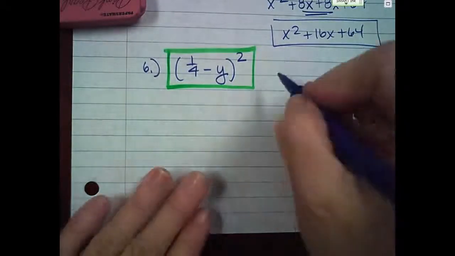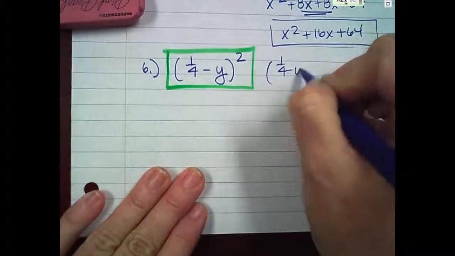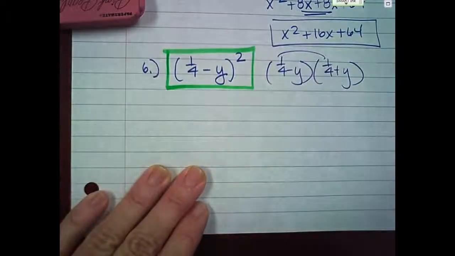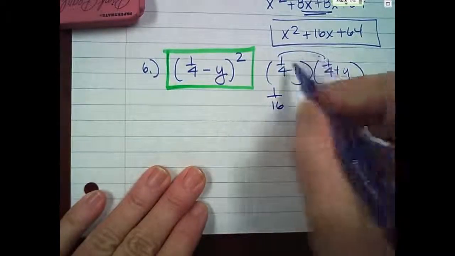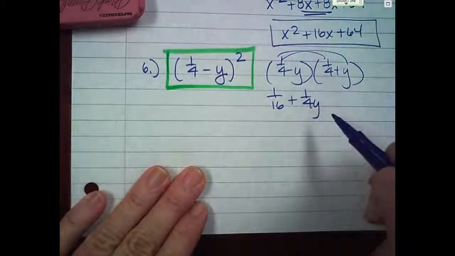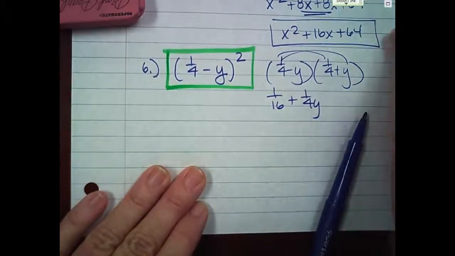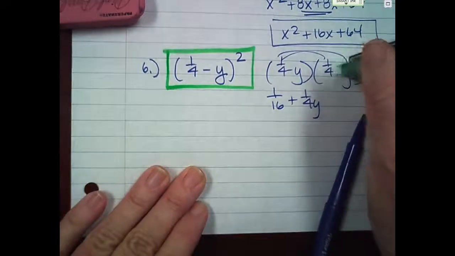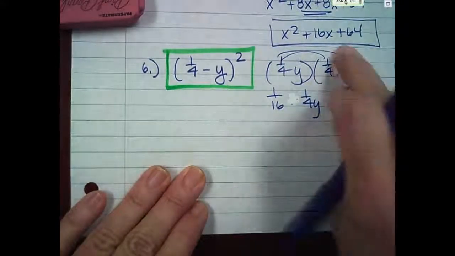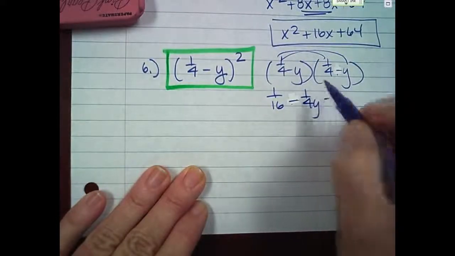I'm only kidding. Ready? 1/4 minus y times 1/4 plus y. 1/4 times 1/4 is your 1/16. Then you're at 1/4 y. Now go the other way. Oh, this is the minus. Go this direction.